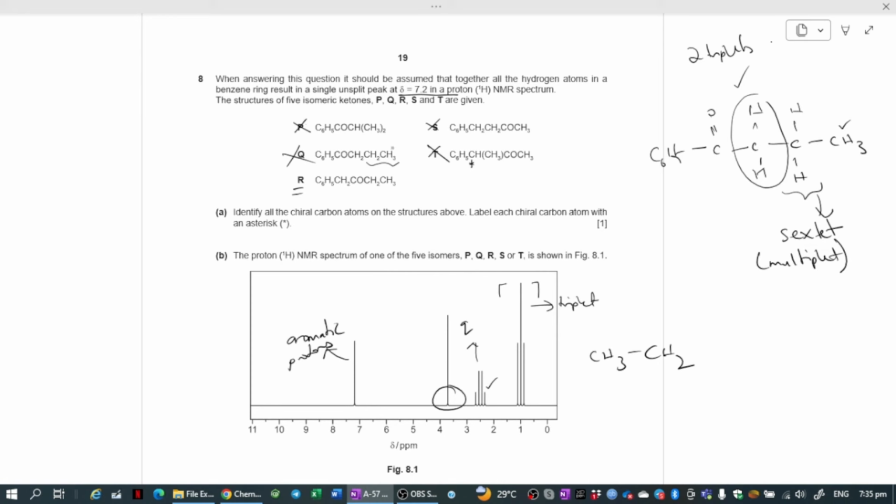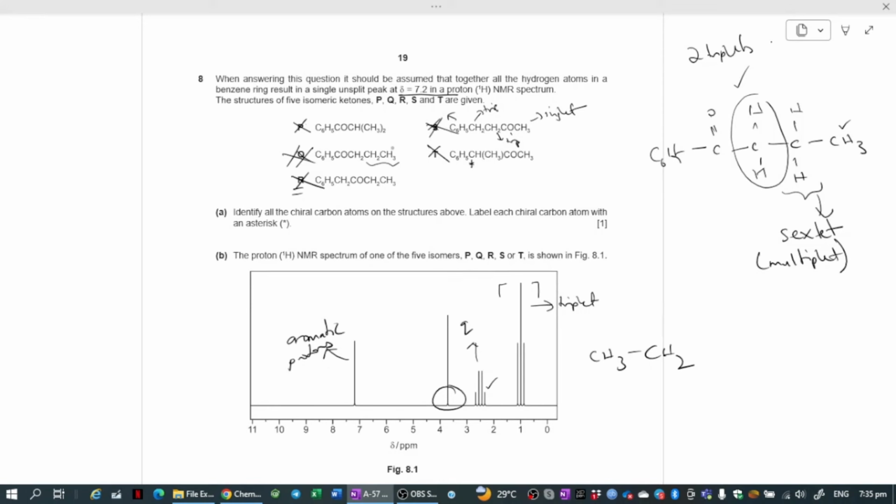It cannot be R, and it cannot be Q. So R and Q are out. Can it be S? It cannot be S because S, this will give a singlet, this will give a triplet, this will give a triplet, and this will give a singlet. Right? So it cannot be S.